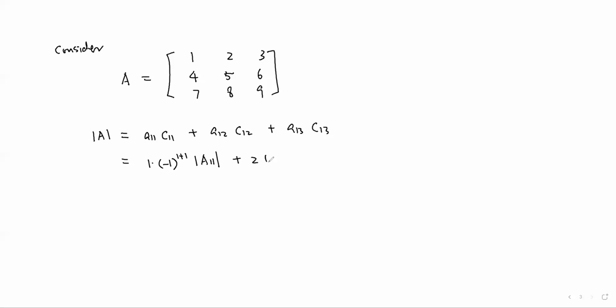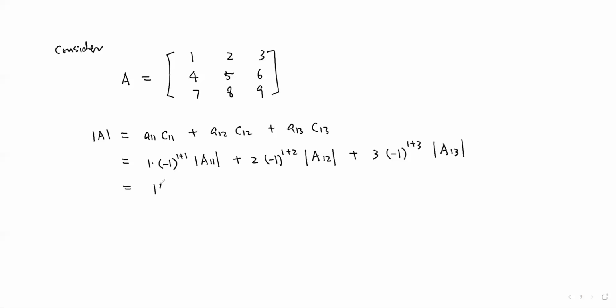Then times negative 1 to i plus j. i is 1, j is 2. Then times the determinant of capital A12. Then A13 is the number 3 times negative 1 to the power 1 plus 3, determinant of capital A13. Now let me simplify this sum. Negative 1 to 2 is positive 1.